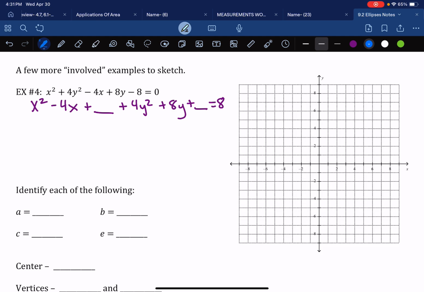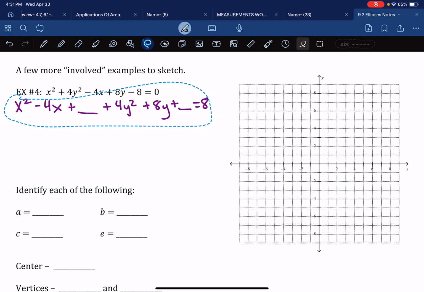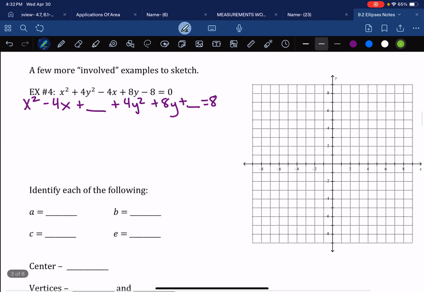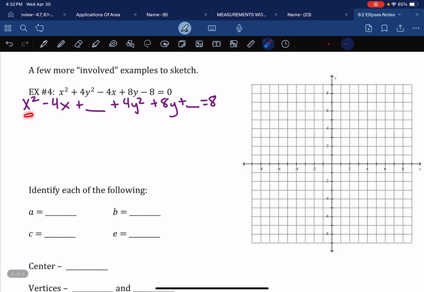Okay, so we need to complete the square so we can get to a formula that looks like the equation of an ellipse. Okay, so this first step, I have rearranged to have the x's together and the y's together, and I moved the 8 to the other side. And now I leave little blanks because I'm going to complete the square.